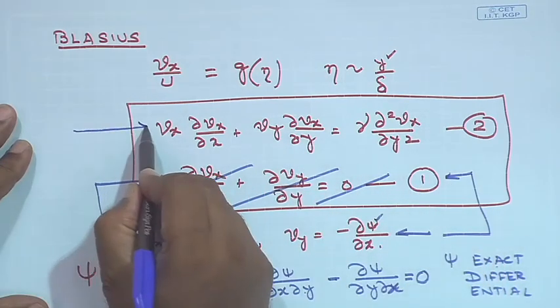So, we just have one equation to deal with, which is the equation of motion. So, bringing in the concept of stream function allows me to substantially reduce the complexity of the problem. The next, it is still a partial differential equation. Vx and Vy are functions of both x and y. X and y are the independent variables.